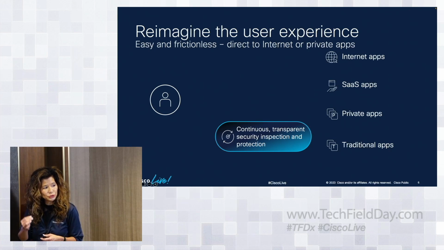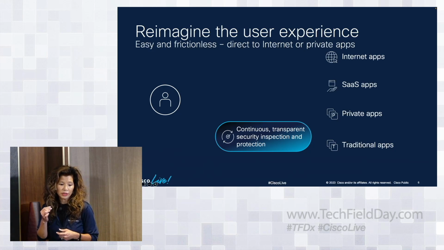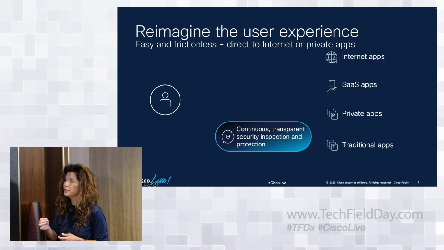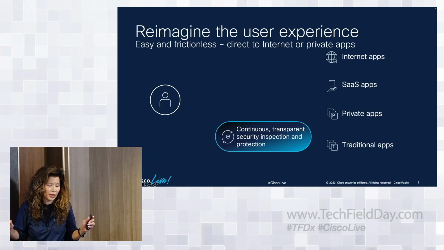We want to use our solution to deliver an easy and frictionless experience for our end users. They'll be able to automatically go to any application that they want, regardless of whether that's technically an on-prem application, a SaaS app, or an internet app. They don't even have to know any of that.